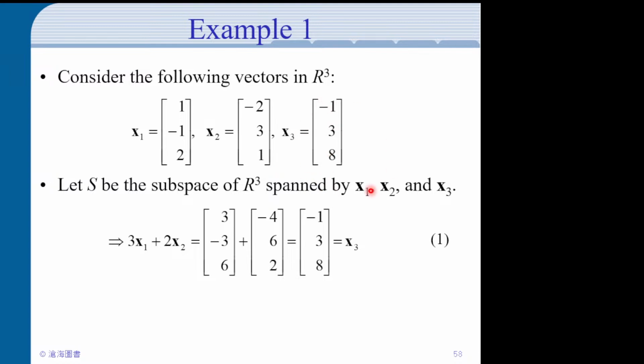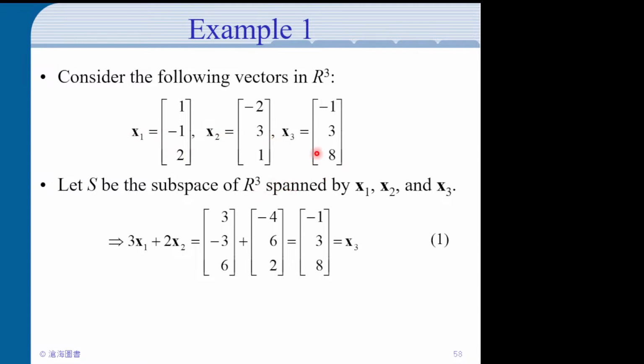We see x3 has linear dependence on x1 and x2. What it means is that you can build x3 by a linear combination of x1 and x2. Check the math, hopefully this is correct. You do 3x1 plus 2x2 and you find that's x3. So x3 is linearly dependent on x1 and x2.